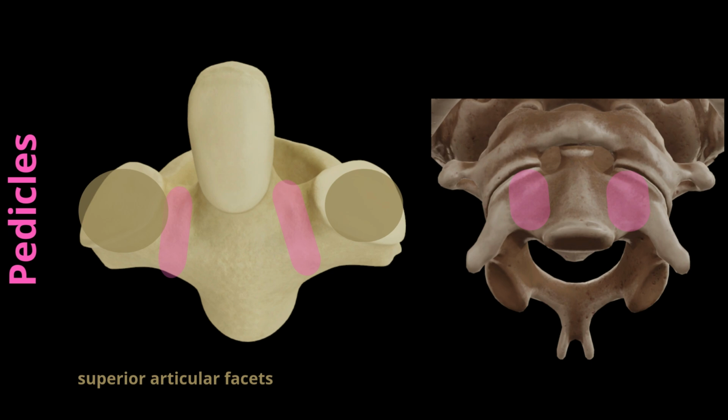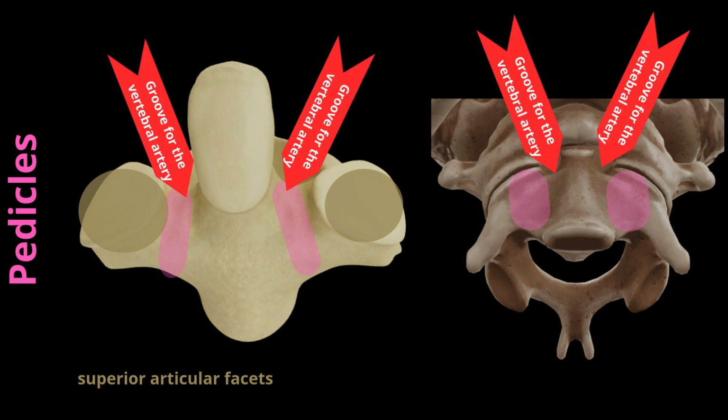A deep groove for the vertebral artery, which carries the vertebral artery, vertebral venous plexus, and suboccipital, first spinal nerve, is located on the anterolateral surface of the pedicle of the axis. The inferior surface of each pedicle contains a deep inferior notch. This notch supports the large root sheath of the C3 spinal nerve.